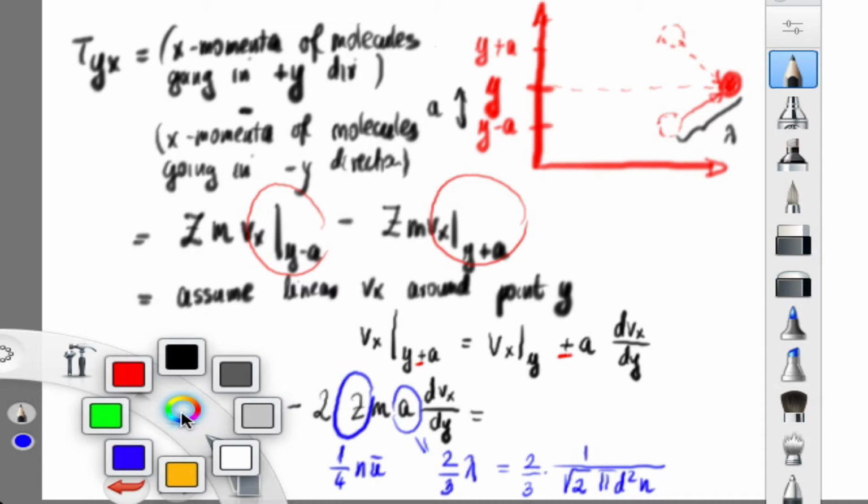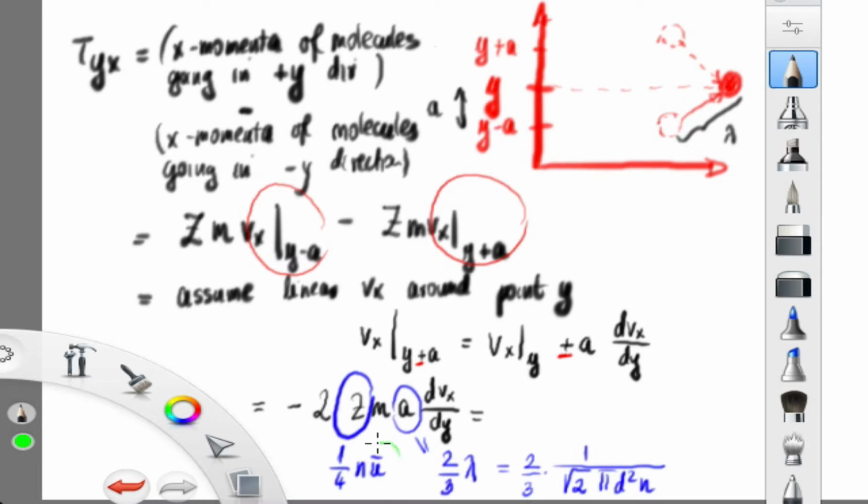If you also recall u, I'm going to choose a green. U over here is square root of 8 kappa, the Boltzmann constant, T divided by Pm. I'm going to work out in a moment what this mumbo jumbo of terms actually is.